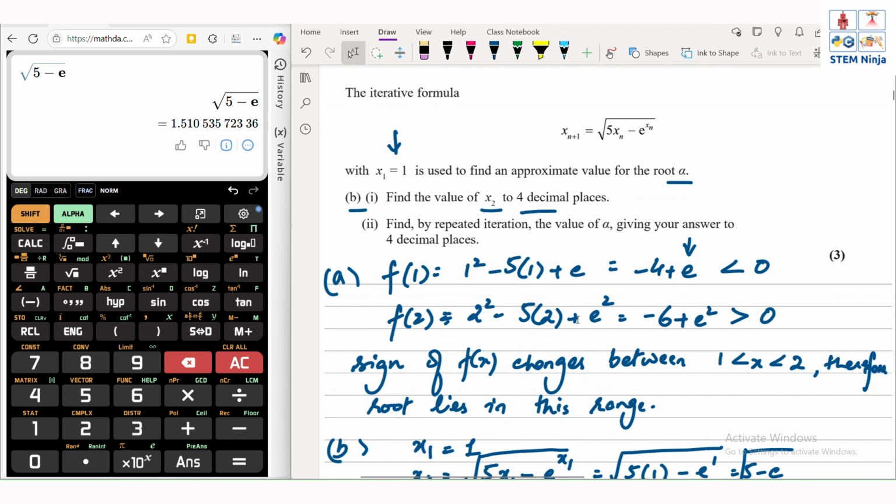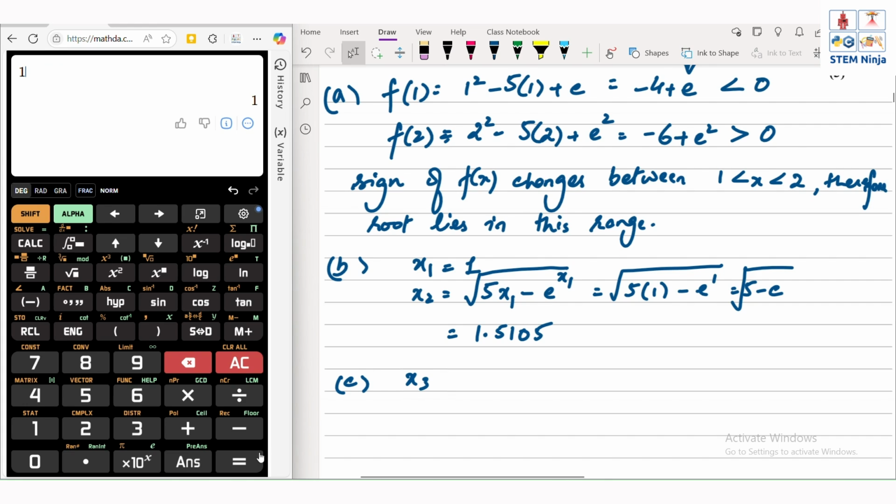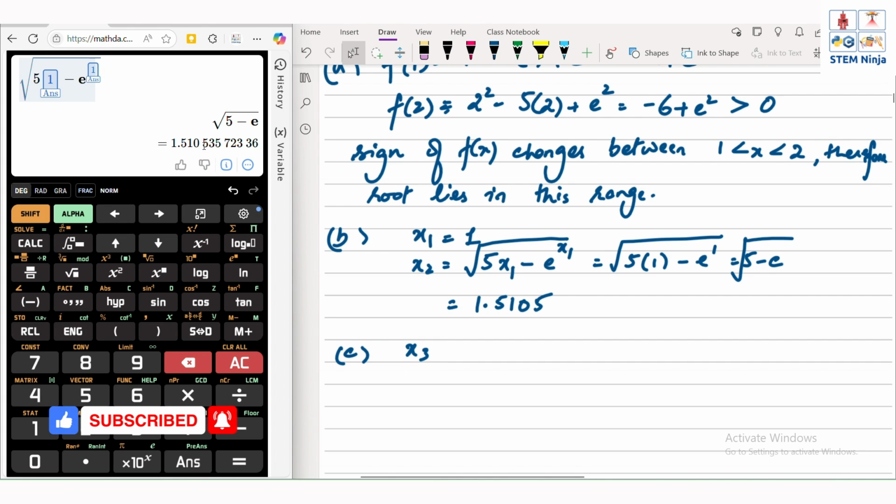Right, okay. Find by repeated iteration the value of alpha, giving your answer to 4 decimal places. All right, so for part c, we need x3, so we will start out with saving this value first. The square root of 5 times answer minus e raised to power answer. So the first value we get is the second value, obviously, 1.513.